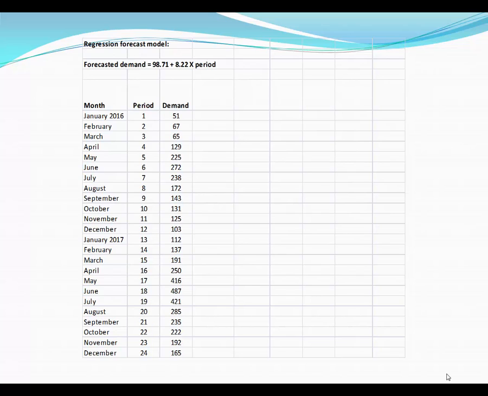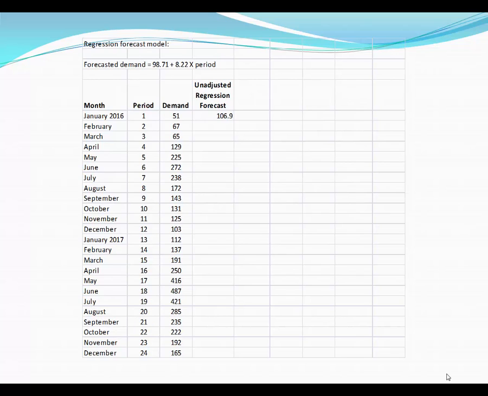When I ran the regression, I came up with the following forecast model: the forecasted demand is equal to 98.71 plus 8.22 times the period. The 8.22 slope coefficient implies that in general, we think demand is going to go up by about 8.22 units per period.